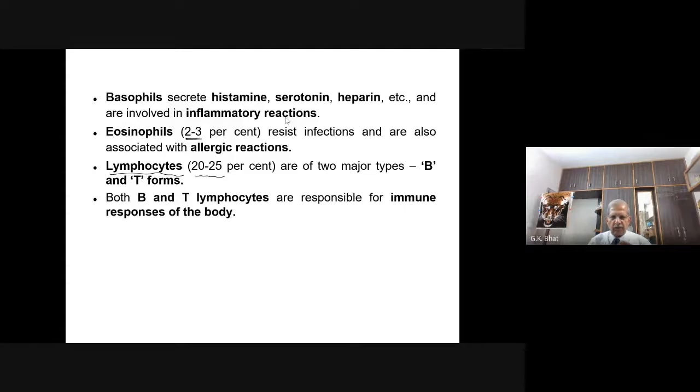Edema, that is the swelling, pain, reddening of that part, and warming of that part. These are the 4 important signals of inflammatory reaction.